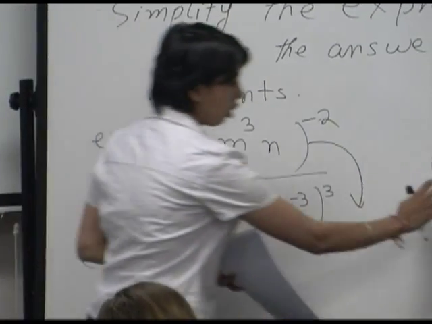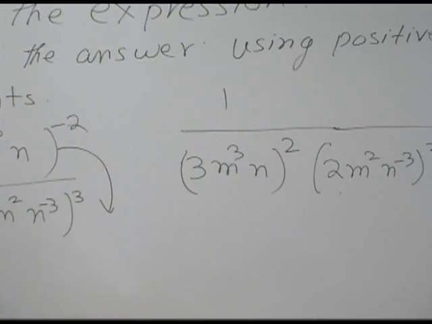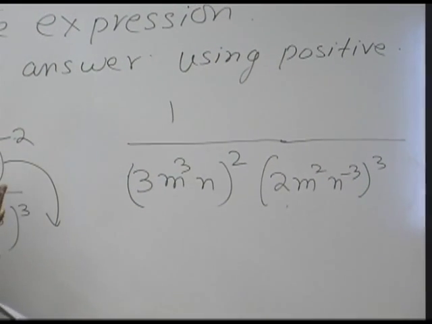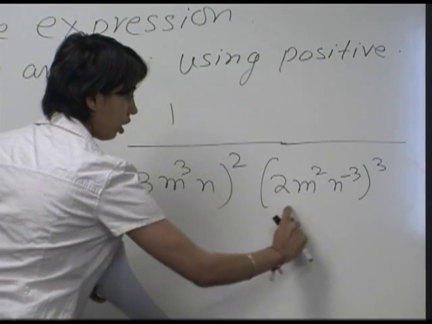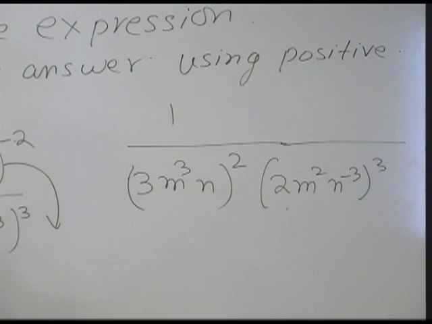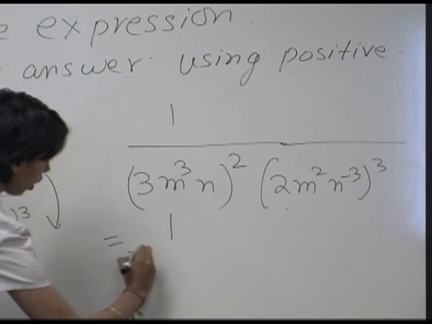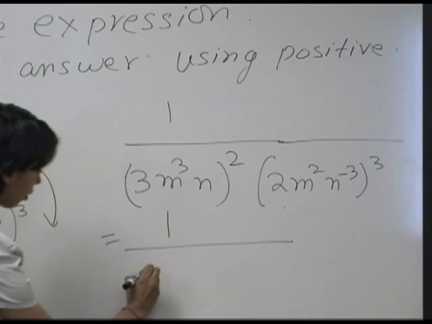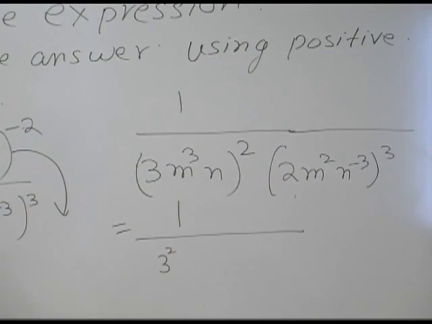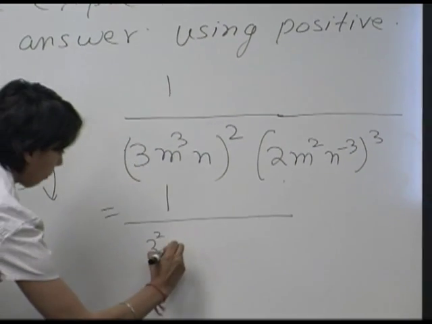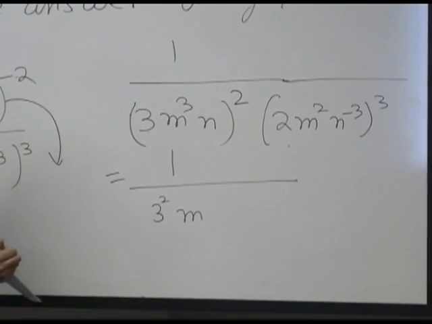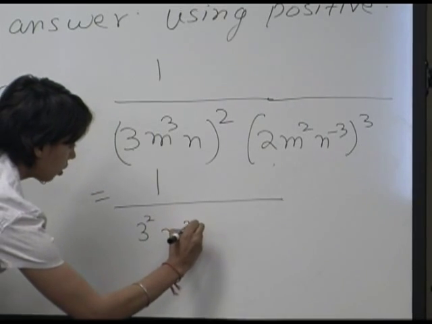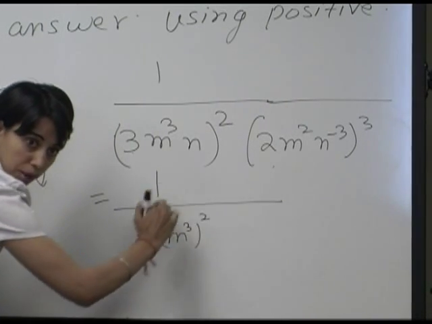So now let's check here. How should I write the bottom? I have to distribute this 2 inside everything, and I have to distribute this 3 inside everything, right? So 1 over, this becomes what? 3 squared, that's correct, 9, right? What about the next one? M to the 6. Do you understand why m to the 6? Because m is to the 3 and this is 2, you multiply them together.